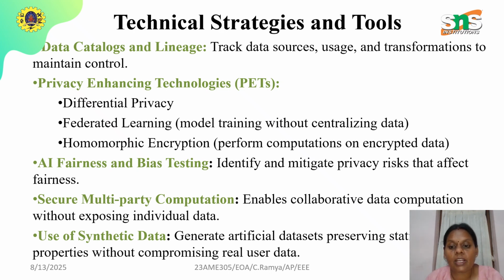Then fairness and bias testing tools. Secure multi-party computation for collaborating on data usage without exposing the raw data. And finally, we have synthetic data generation, which works without compromising personal information.